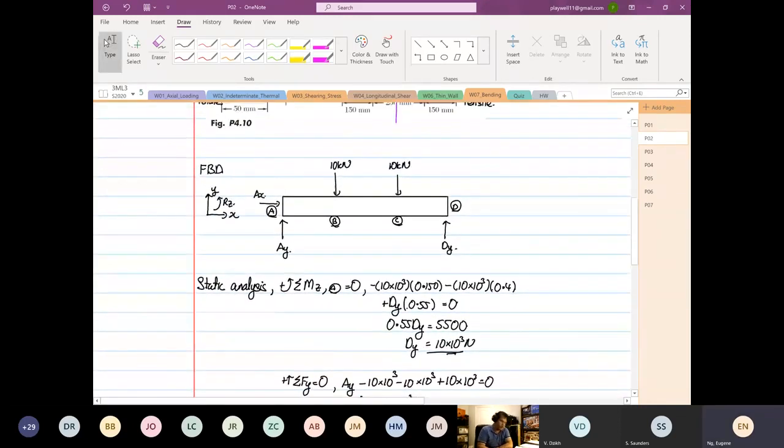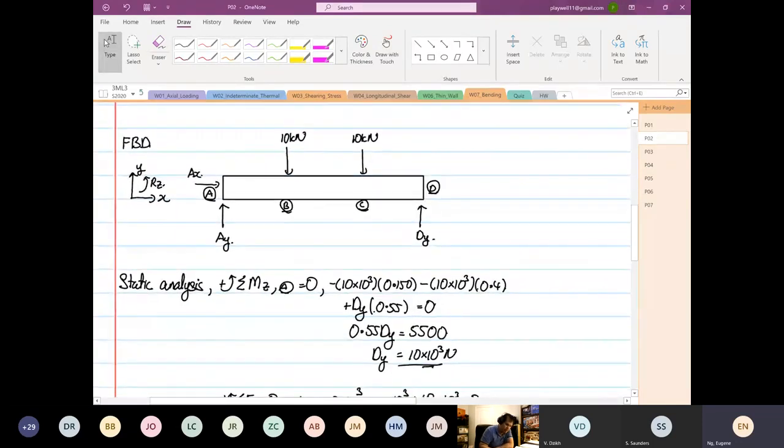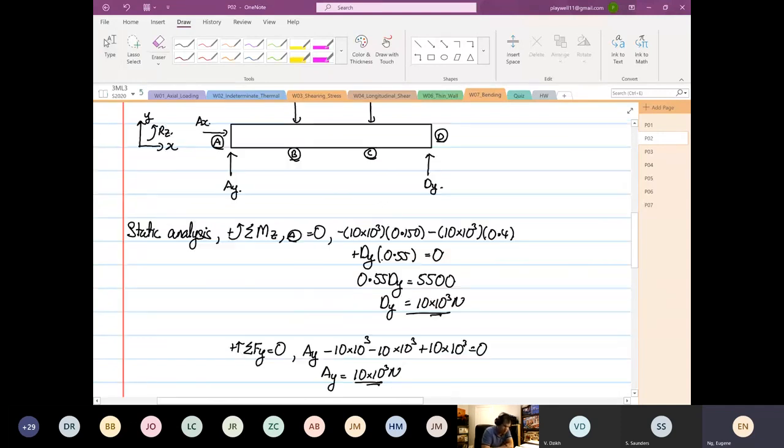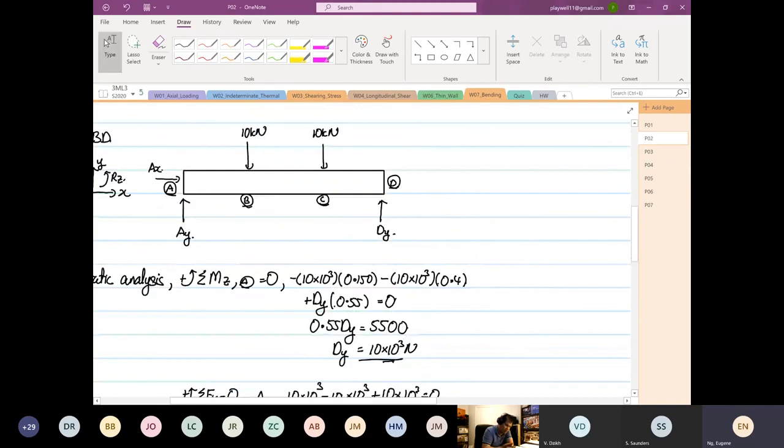So there's another way to do this. There's an alternative, a quicker way. If you are comfortable with this, do it. You can specify that AY is also equal to DY, based on geometry and loading.